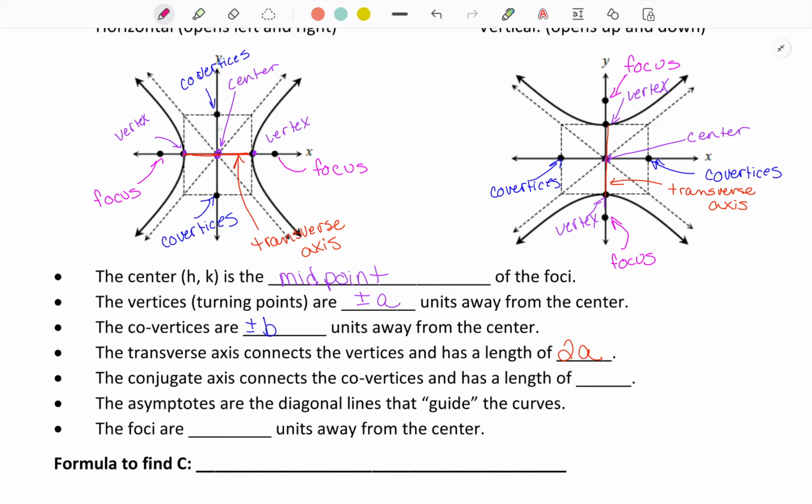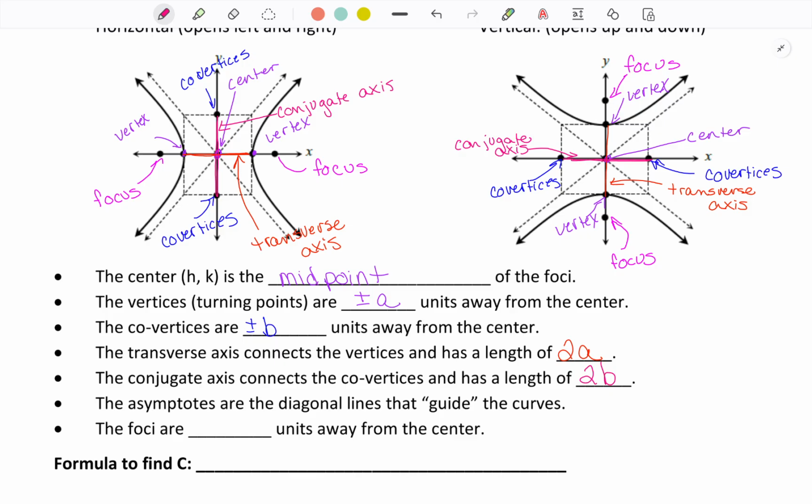And then the distance between those co-vertices is what we call the conjugate axis. And so that has a length of 2b.